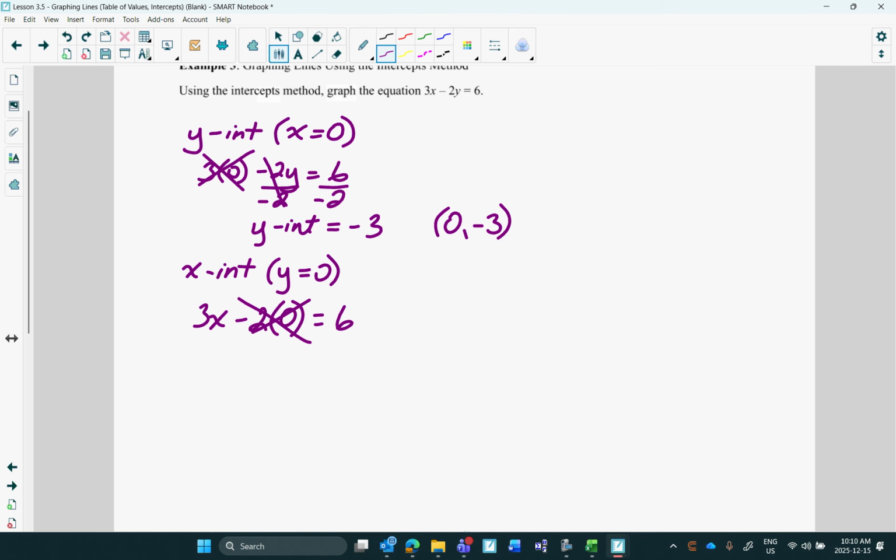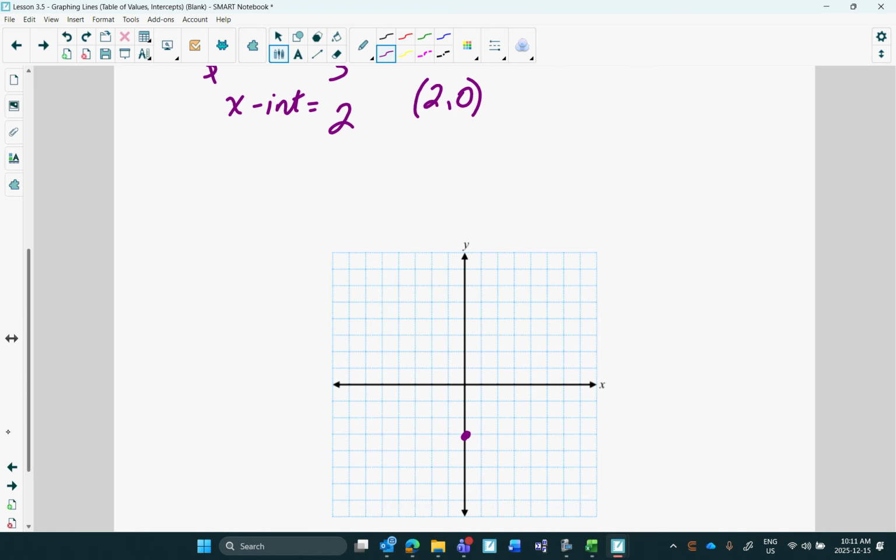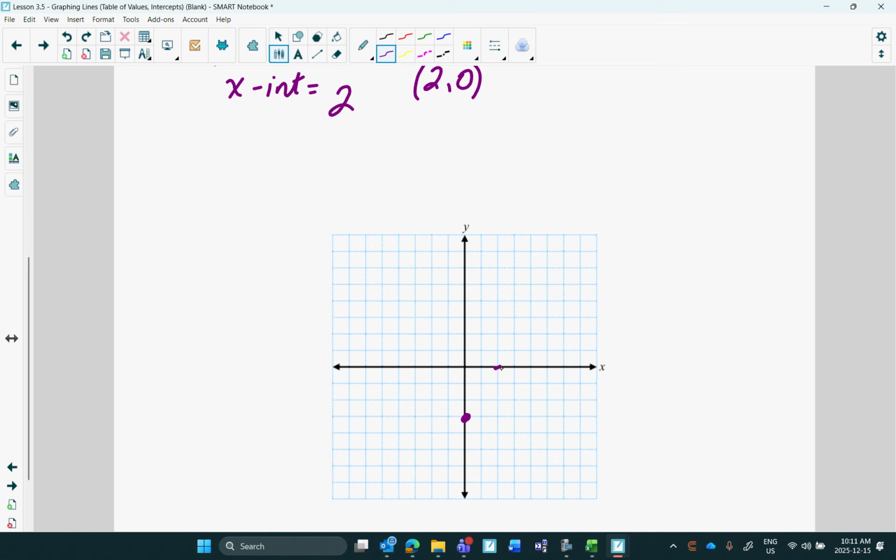So I'm left with 3x equals 6. How do I solve for x? Divide by 3. And the x-intercept is 2, which means it's at the point 2, 0. So plot that one. You've got 2 points now. Draw a line through them.